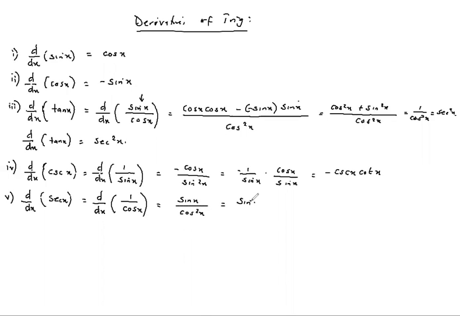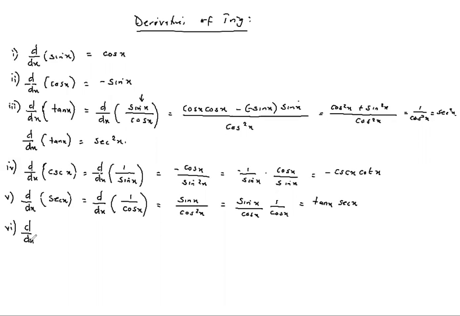This is the same as sine x over cos x, 1 over cos x, which is again tan x sec x. So that is the derivative of this kind.